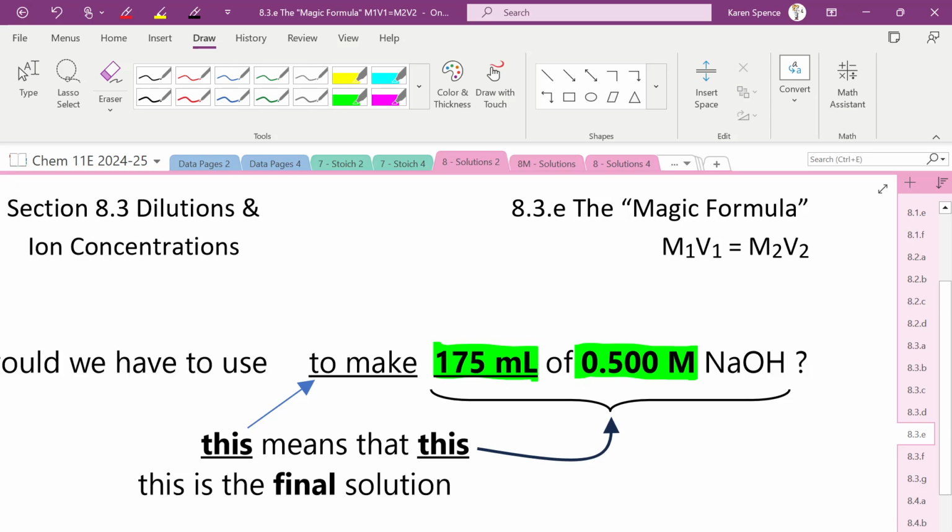Or if you're like, I've already done this calculation, I don't want to do another calculation, you can grab yourselves a 200 mil graduated cylinder and make the solution in here. So I could be like, okay, here's my stock solution. Glug, glug, glug. What's on the sides of here now?